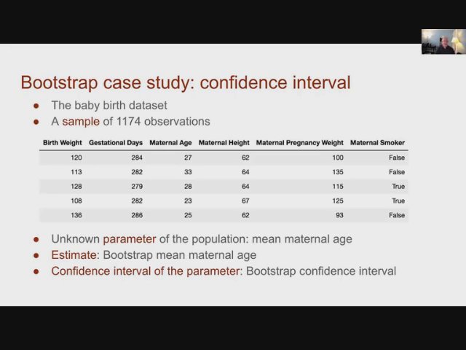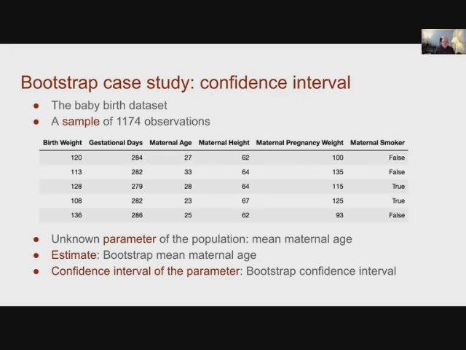So in this case, we're going to the baby birth data set. And right now, this is an actual sample. This is different than the San Francisco data set, which was the complete population of San Francisco public city workers.